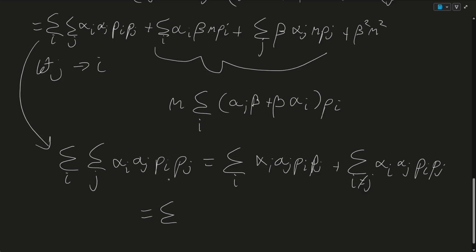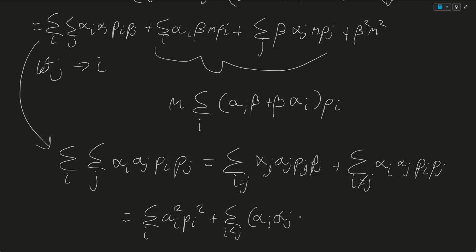Sorry, this should be i equals j, because then those would square. So that's alpha_i squared p_i squared plus the sum, where they're not equal, hence i less than j, of alpha_i alpha_j p_i p_j plus alpha_j alpha_i p_j p_i.